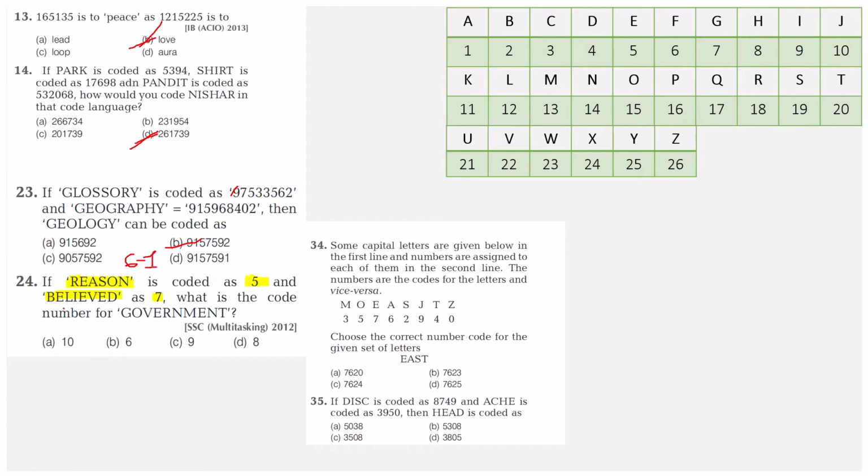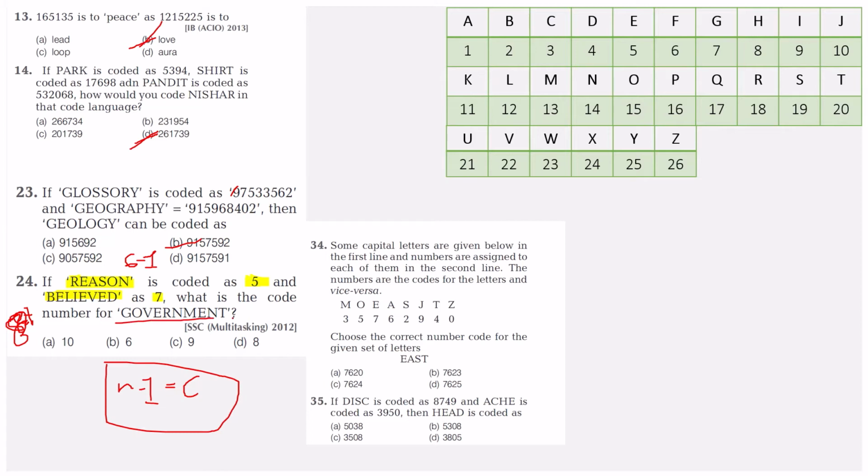Believed is an 8-letter word, and if you take out 1, you'll get 7. So this is coded as 7 and this is coded as 5. Total number of letters minus 1 equals the code. So n minus 1, where n is the number of letters, equals c, the code.